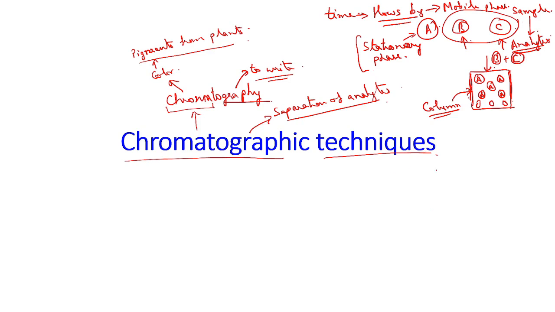Now if you take another independent factor which is related to time, let us talk about it as the experimental time. When we are starting the experiment, because here we have taken the time as the mobile phase, let's take another independent variable, experimental time. So within the mobile phase B and C, we have dissolved and entered this sample within the column.